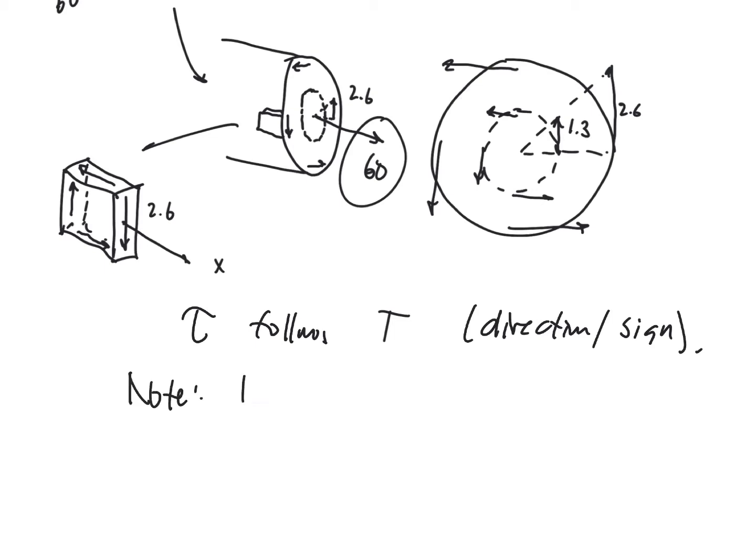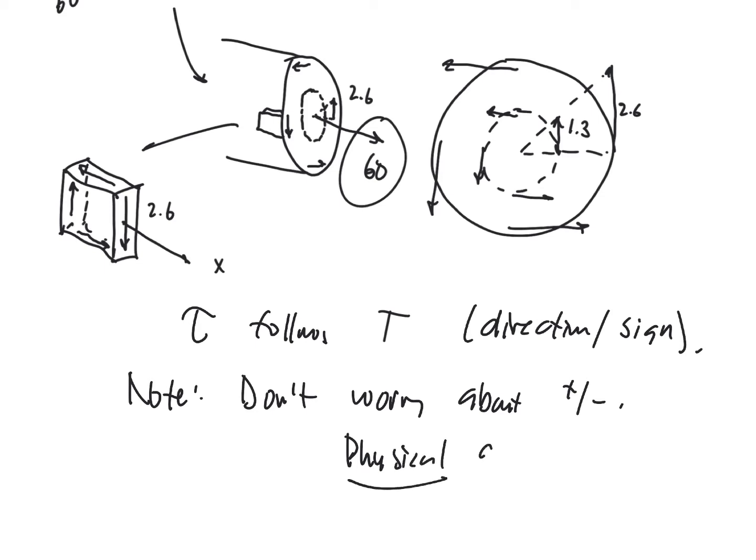Note, don't worry about plus or minus, but I want you to focus on the physical direction. That I do want you to keep track of, and make sure that you realize that you are going to follow then the torque that we have.